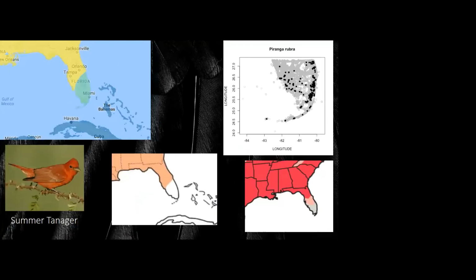The next species is the beautiful summer tanager. This is a bird which is interesting because it actually breeds throughout much of the state of Florida. And then it is basically absent in some of these expert drawn range maps in South Florida.